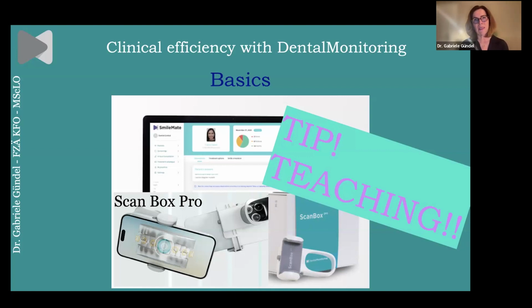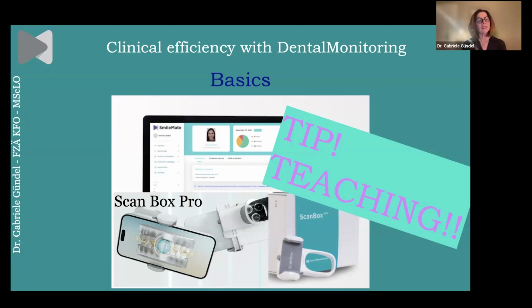The second reason is you can define certain goals with the dental monitoring. You can define, please give me the information if I reached my class 1 occlusion on both sides. Another goal could be, please tell me when the midline is corrected in this patient. You get the information.